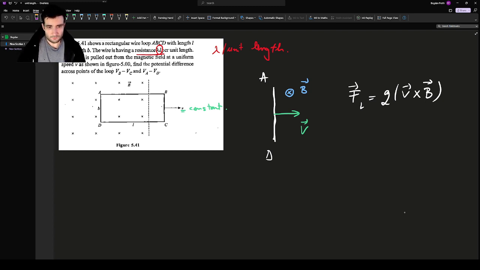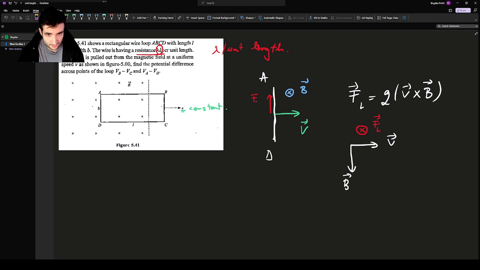If you have a vector v going this way and a vector B going this way, I'm kind of rotating the perspective, then you can use either the right hand rule or the corkscrew rule, which I prefer, to find the direction of the force. In this case, we would have a force pointing into the screen from this perspective, and it would point this way from this perspective.